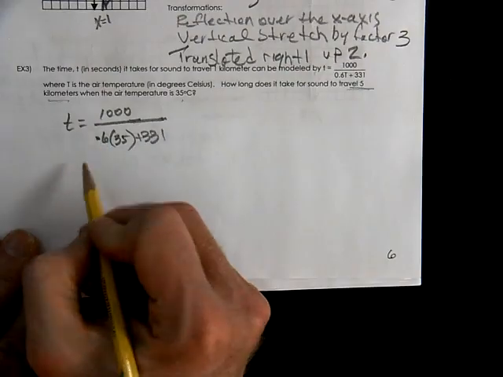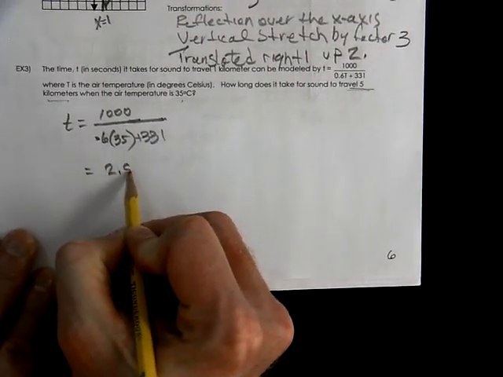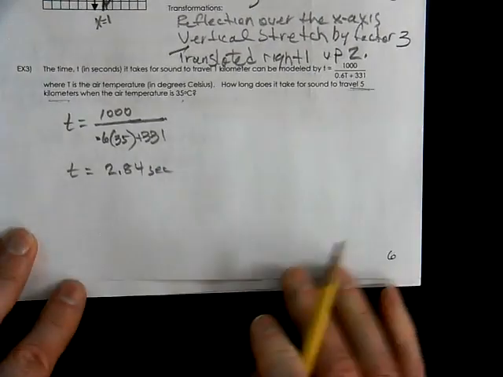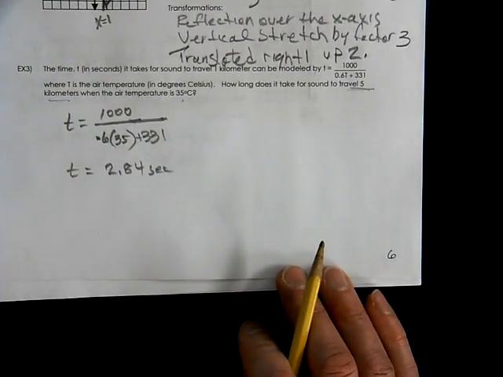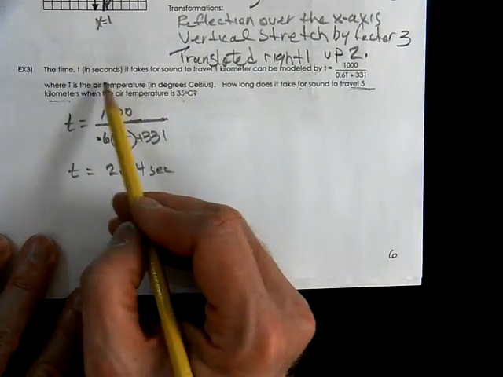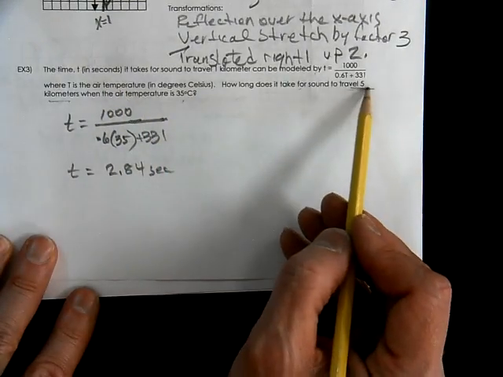So we're getting 2.84 seconds. That's to travel 1 kilometer. We need to go how far? We need to go 5 kilometers. There it is.